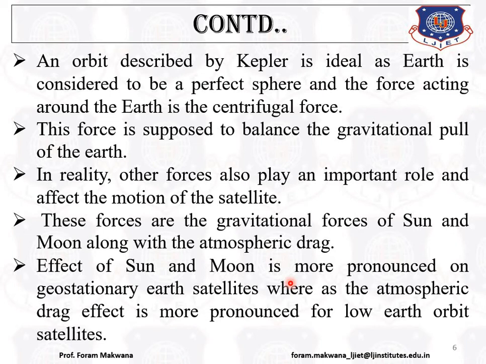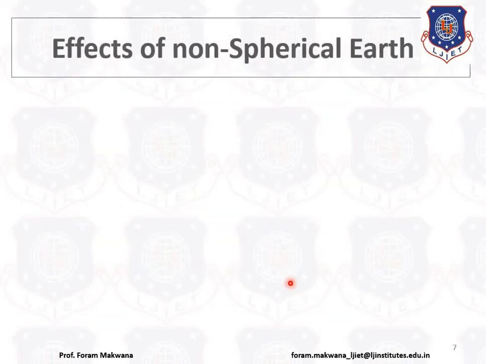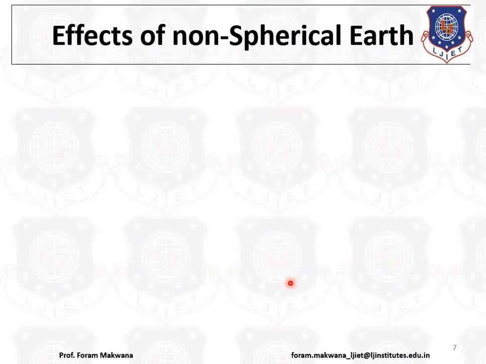And the effect of Sun and Moon is more pronounced on the geostationary Earth satellite, whereas the atmospheric drag effect is more pronounced for LEO satellite, that is low Earth orbit satellite. What is atmospheric drag? That I will show you in the next slide. First, we are focusing on the effects of non-spherical Earth.